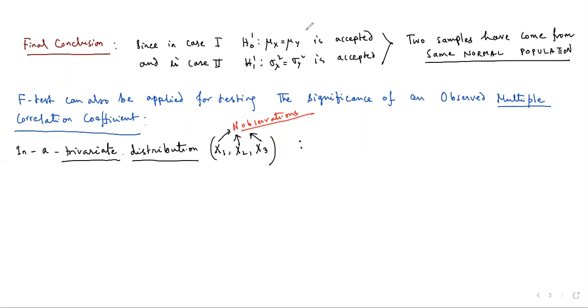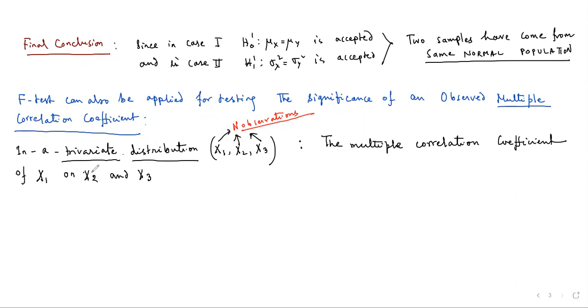Then the multiple correlation coefficient of the variable x1 on x2 and x3 is denoted by capital R1.23, the effect of x1 on the two variables x2 and x3.